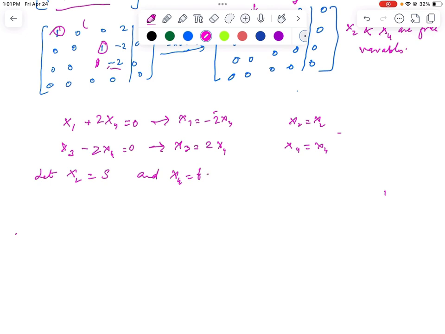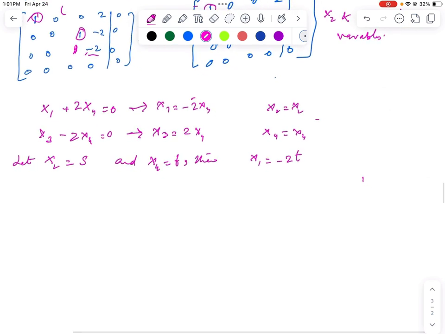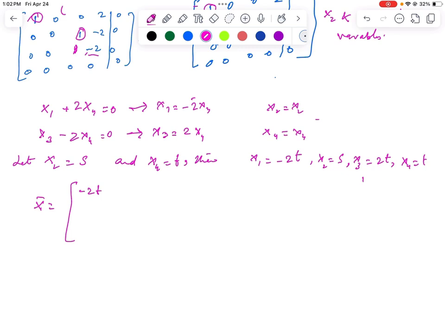Then x1 is equal to negative 2t, x2 equals s, x3 equals 2t, and x4 equals t. Now x is negative 2t, s, 2t, and t.